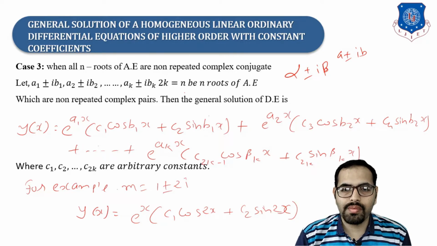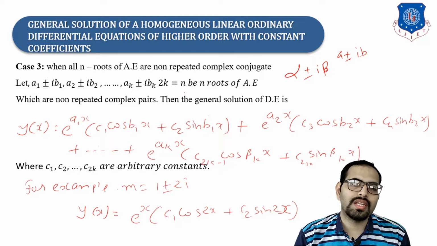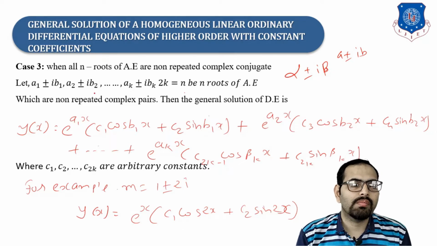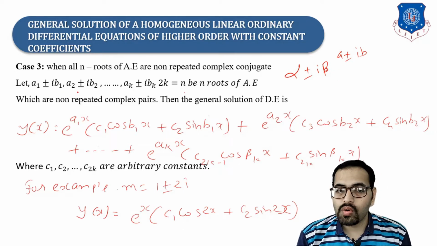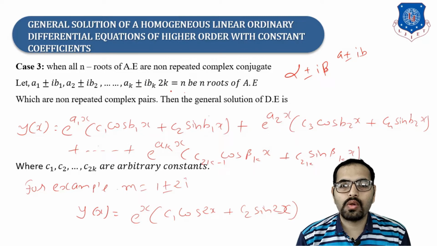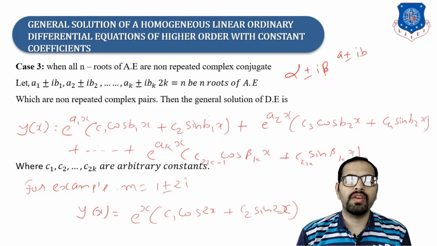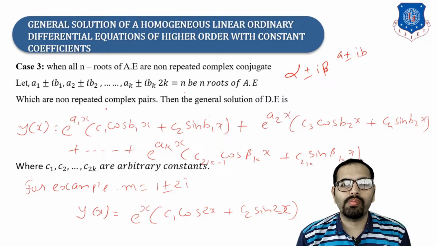Complex conjugate pair means the roots are in the form alpha plus or minus i beta, or a plus or minus ib. Let a1 plus or minus ib1, a2 plus or minus ib2, and so on up to ak plus or minus ibk, where 2k equals n, be the n roots of the auxiliary equation which are non-repeated complex pairs.